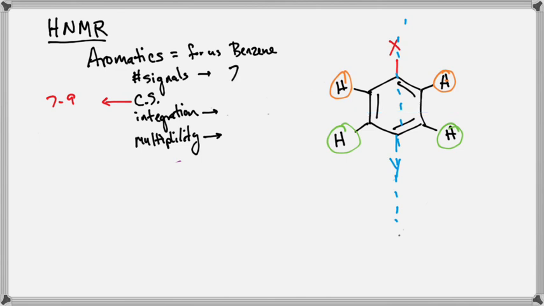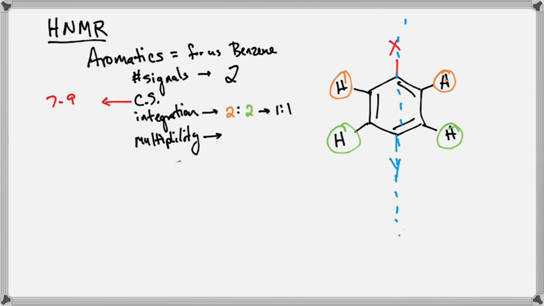I'm going to get 2 signals. What's my integration? 2 to 2 is okay, but it is probably better to recognize that this is going to come in as a 1 to 1. Again, it's going to depend on the identity of X and Y because those will force our integrations potentially.